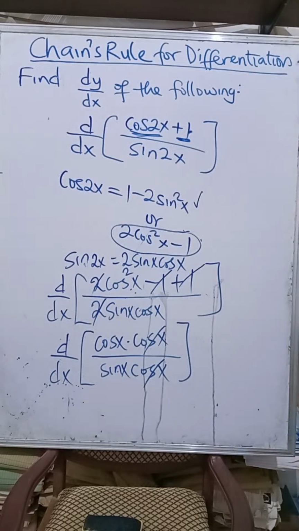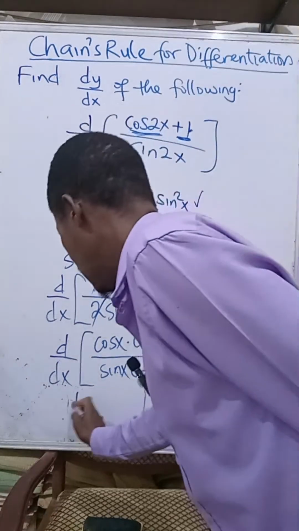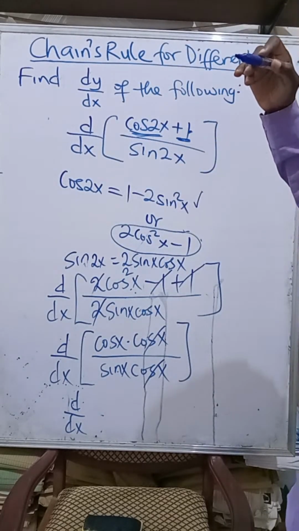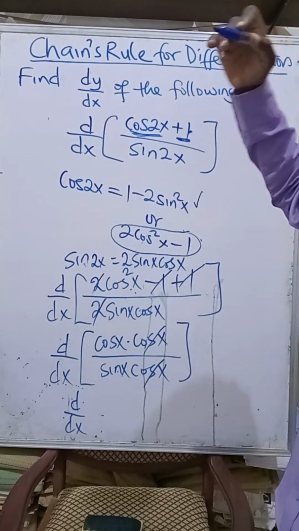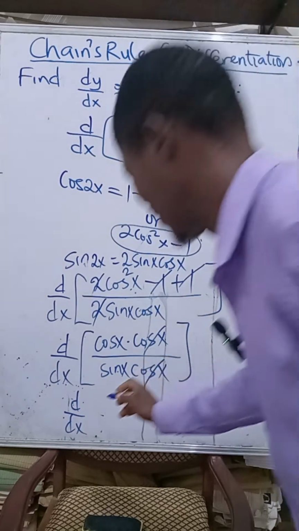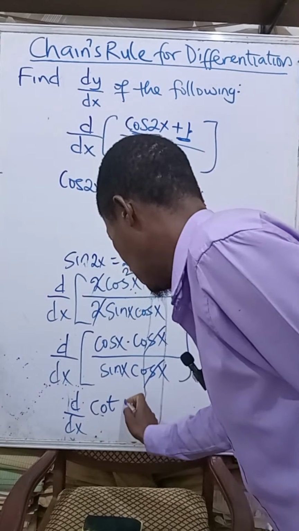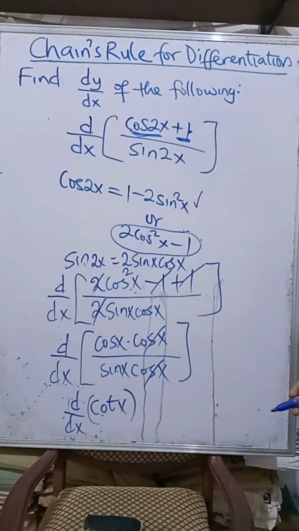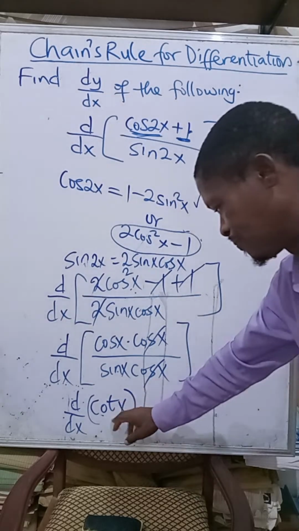So we have d/dx of cos x over sin x. That's a cot, it gives you cot x. That's the inverse of tangent, that's 1 over tan x, which is cot x.